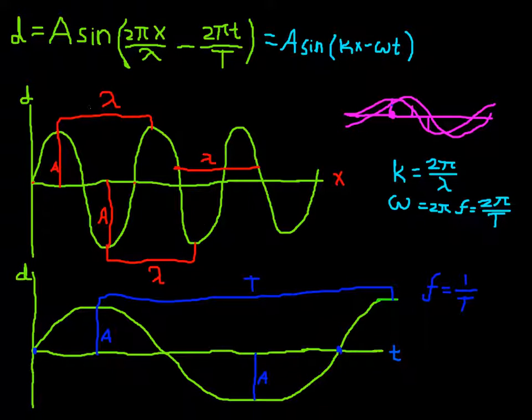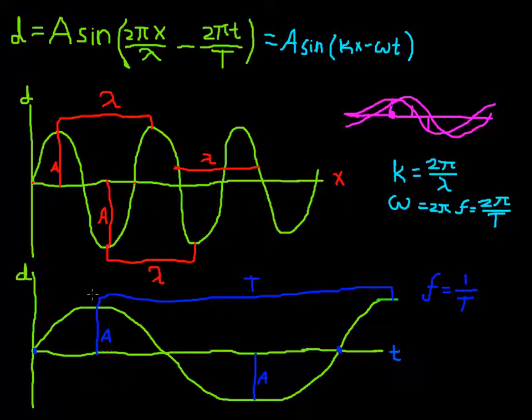Everything on this graph happens to have the dimensions of length and the units of meters. And k is going to have the dimensions of 1 over length, and it's also going to have the units of radians per meter, because I have these 2 pi's in radians.